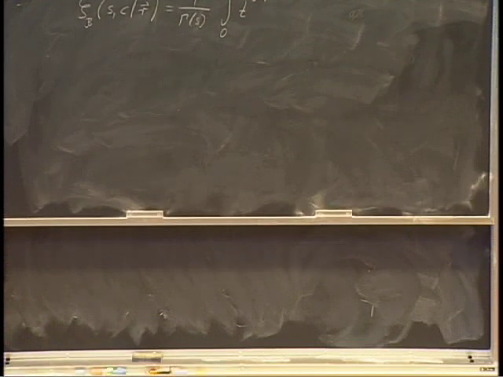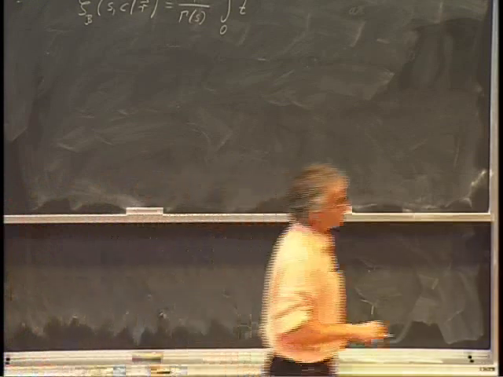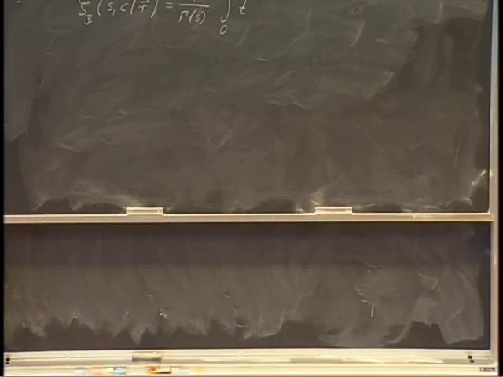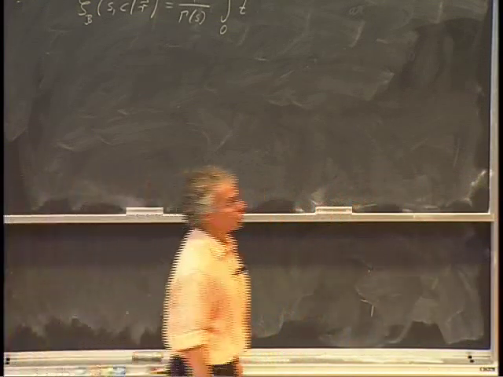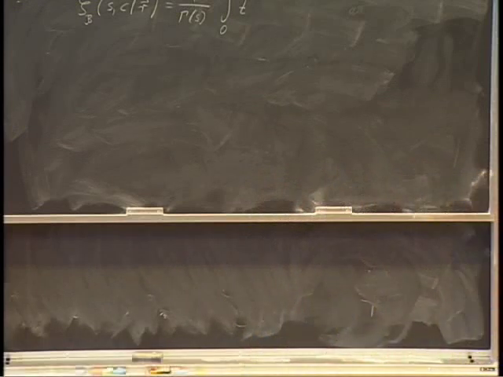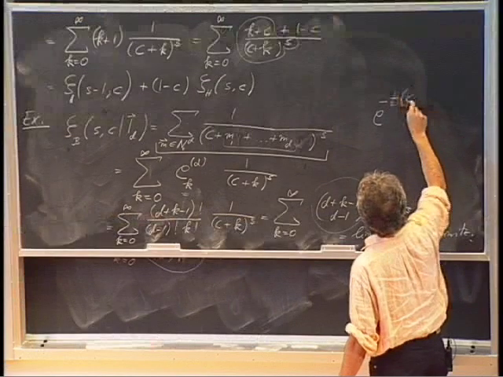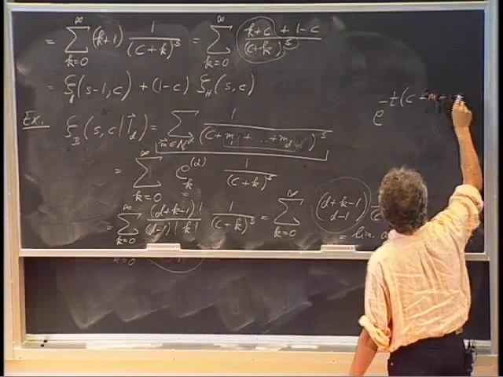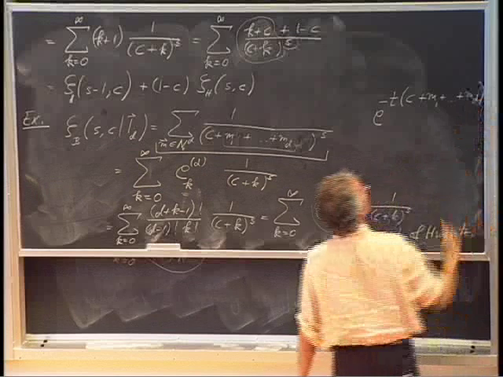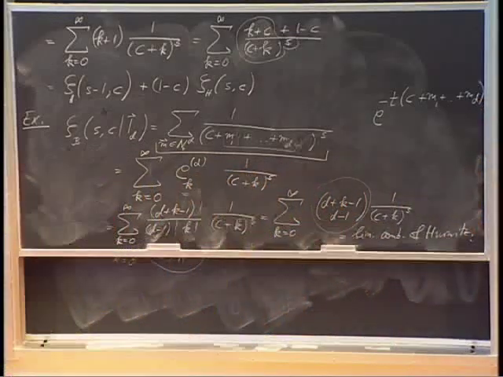I erased the definition, too bad. I guess I write it down again, maybe here in the corner. Oh, here it is. Yeah, you see the only difference to Hurwitz is if you use the Mellin-Barnes representation, you get an exponential minus t, not just c plus n, but this is the exponential that you get within the integral of the gamma function.